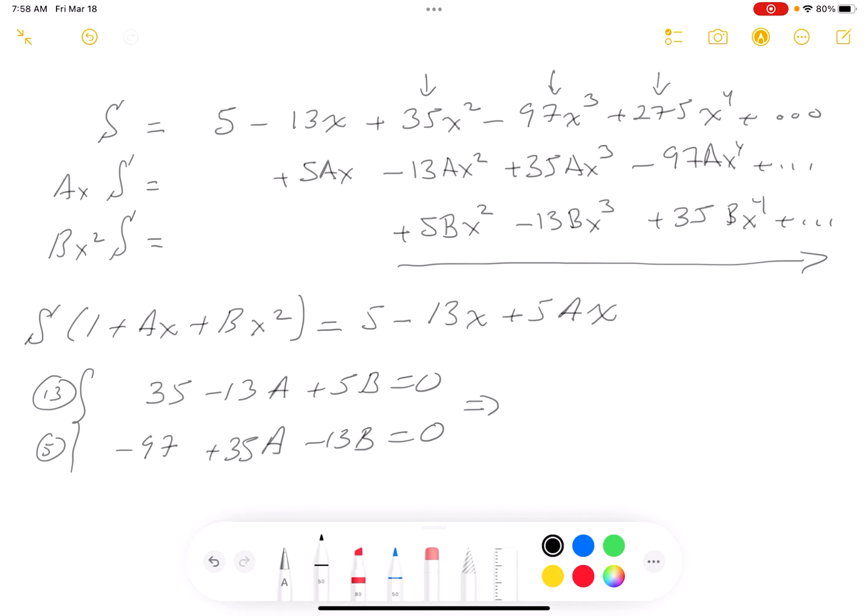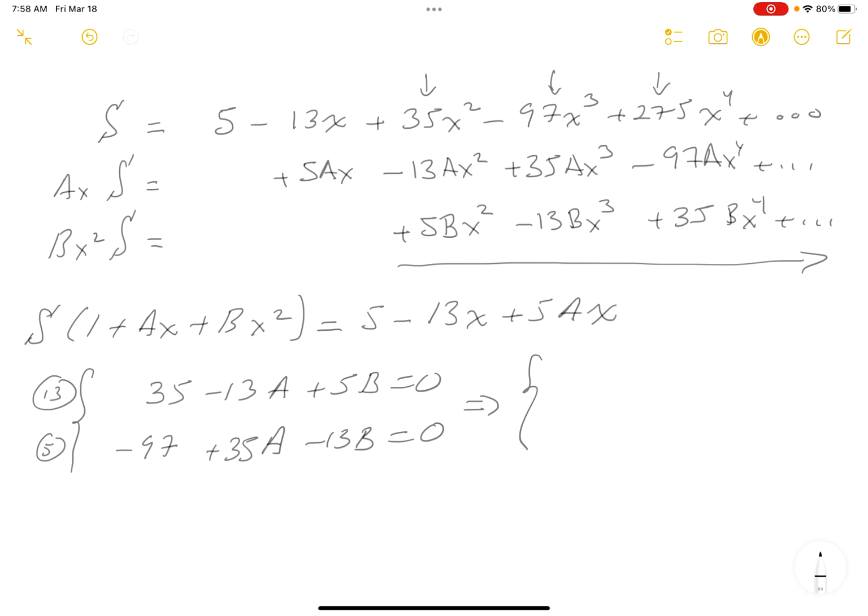Again, please feel free to use a calculator if you're struggling, all right? Or if you're tired, all right? So 13 times 35 is, let me write this down, 350 plus 105, so that's 455. Minus 13 times 13 is 169a. And then 13 times 5 is 65b.